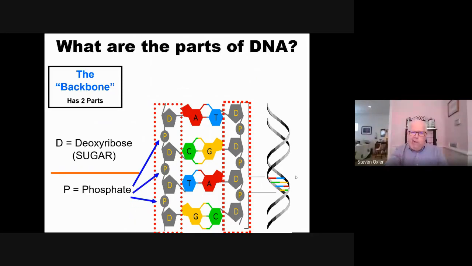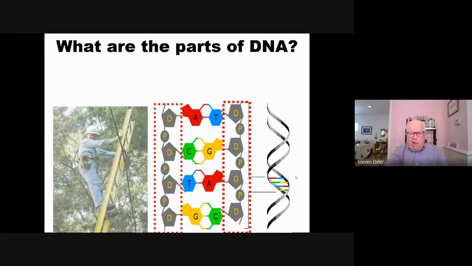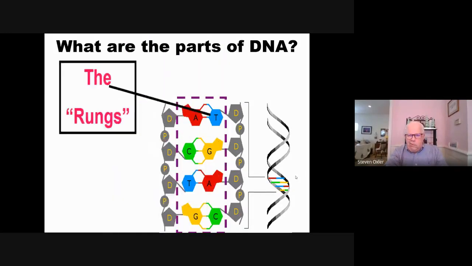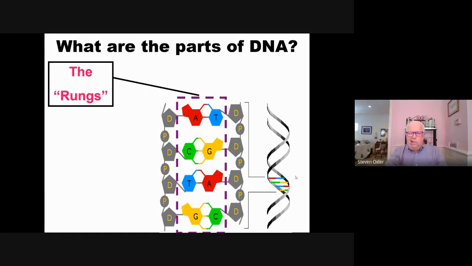Okay, so the backbone of DNA is deoxyribose, the sugar, and phosphate. Sort of like rungs on a ladder. If you look at the ladder, you will see that the rungs are basically amino acids.